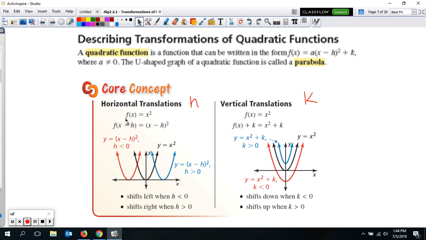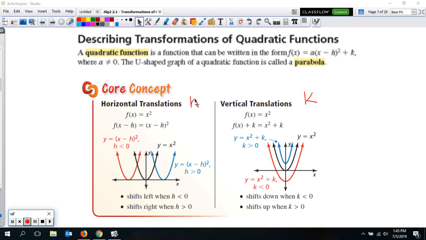So that's what we see here, f of x equals x squared. These are the x squared functions, but the U shape is called a parabola. So for your vocabulary, for the quadratic function, you could just say it's the x squared function, and for parabola, you can write down the U-shaped graph.